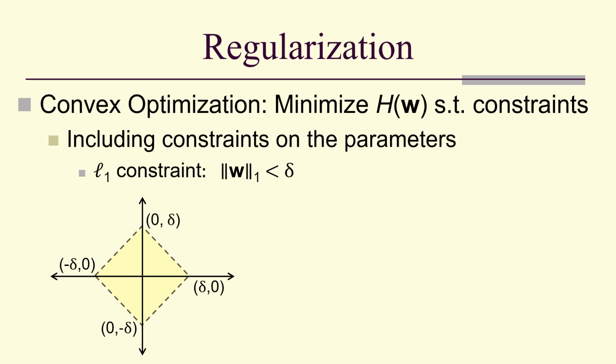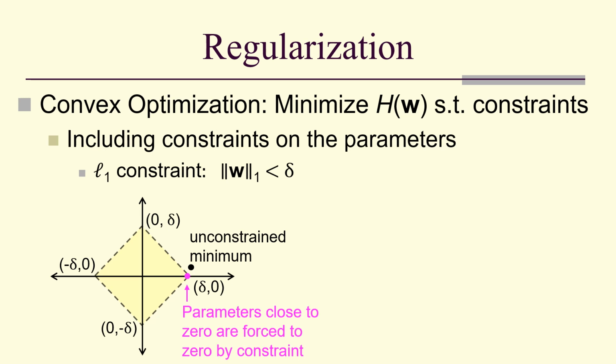So in this case, L1 regions, or L1 balls in some sense, are these diamond-shaped things. If you have an unconstrained minimum and you force the solution to be in this region with a constraint, then the parameters will be forced to zero. So we'll get a new answer, not quite the unconstrained minimum, but one which has some zeros for weights.